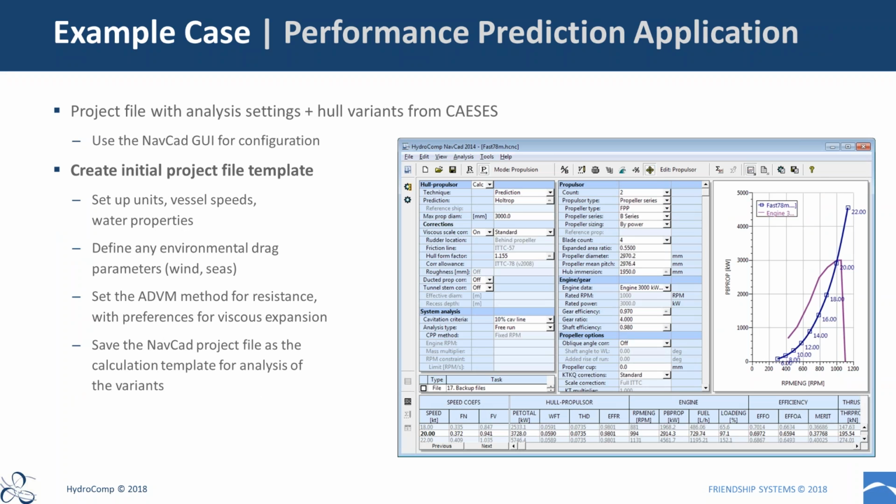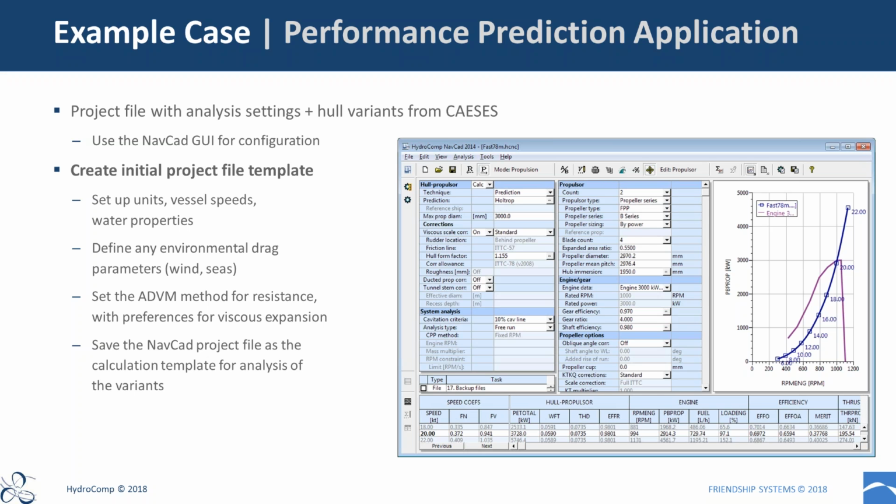The application that we would propose and used here in this particular example is to employ the hull variation changes that you get with CAESES by pre-establishing the project settings using the NavCad interface, an example of which is shown here.